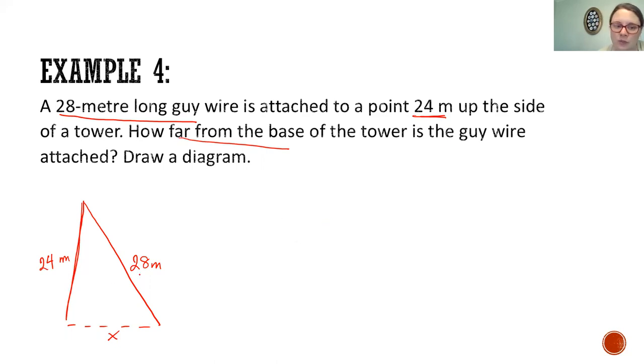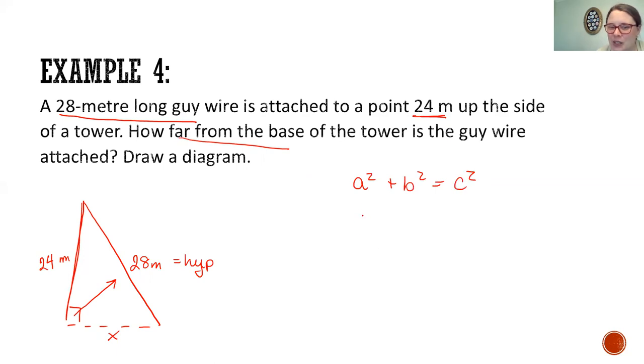So let's figure it out. That's supposed to be a right angle, even though it doesn't look like it. We don't have a leaning tower. Our hypotenuse is the 28. So start out with the Pythagorean theorem. a squared plus b squared equals c squared.